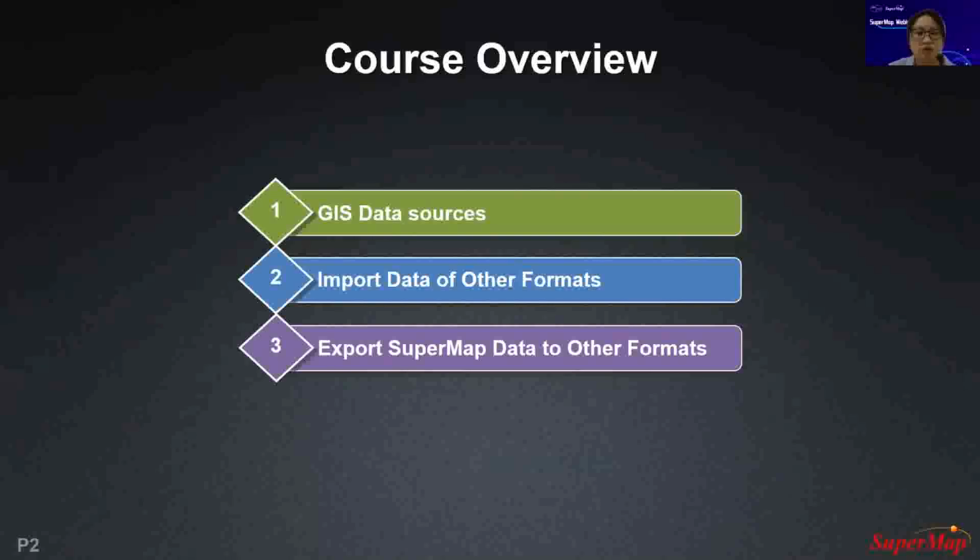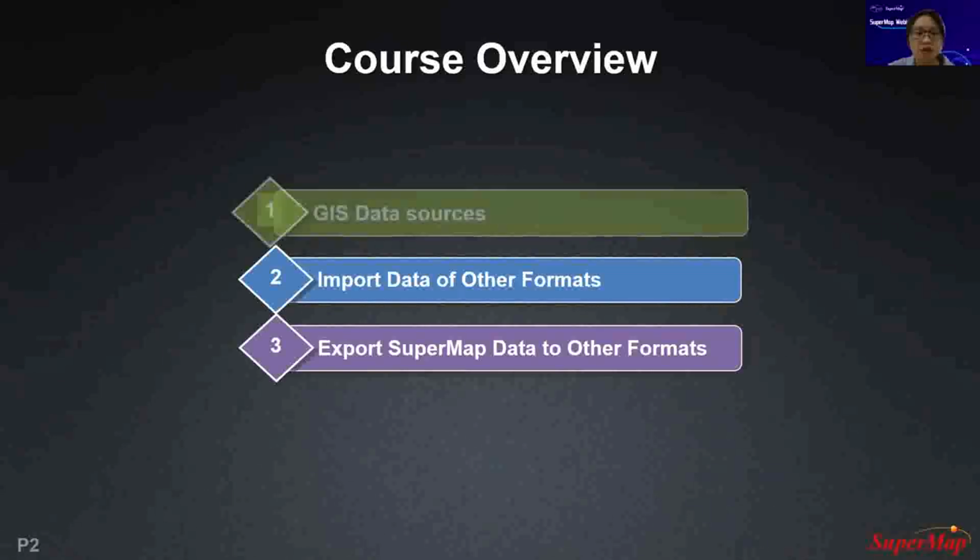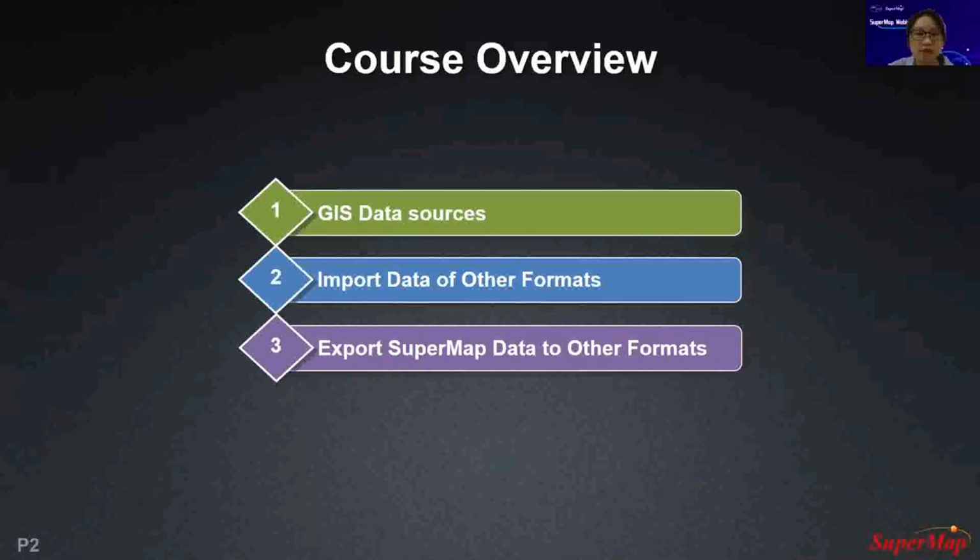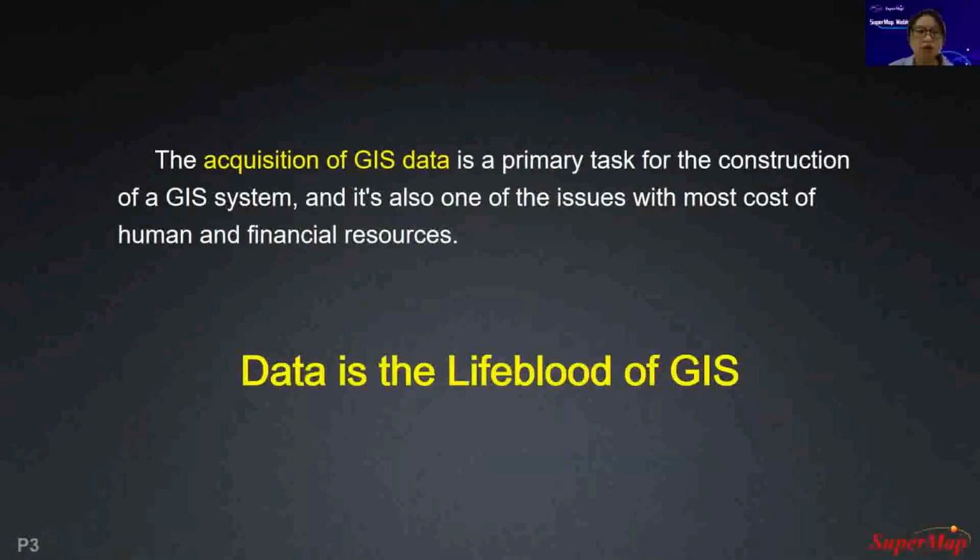The first is how we get the GIS data source. We all know data is the lifeblood of GIS, and the acquisition of GIS data is the primary task for the construction of our GIS system.